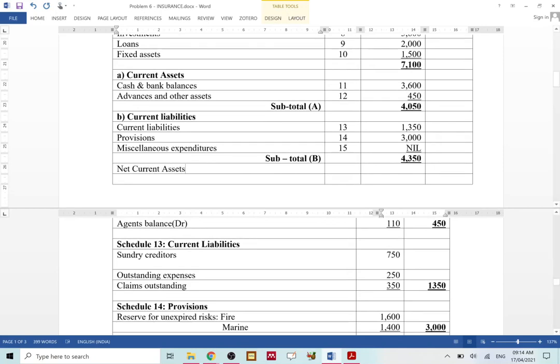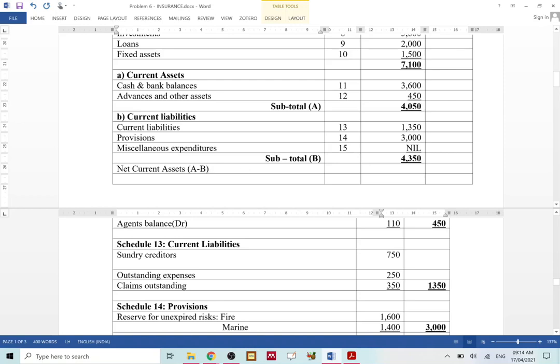What are net current assets? Current assets minus current liabilities, you get the net current assets. This is clear? So it's nothing but A minus B. A is subtotal of current assets, B is subtotal of current liabilities.